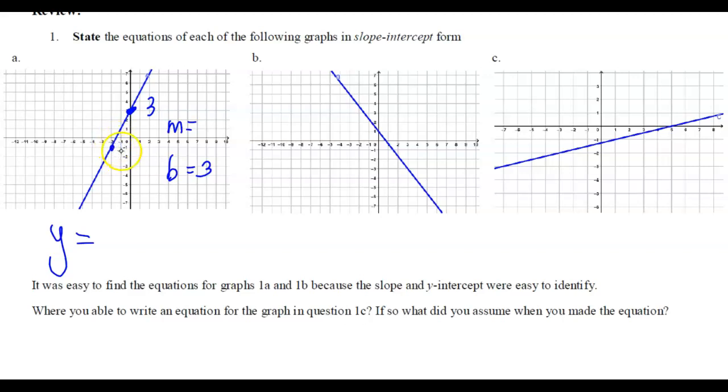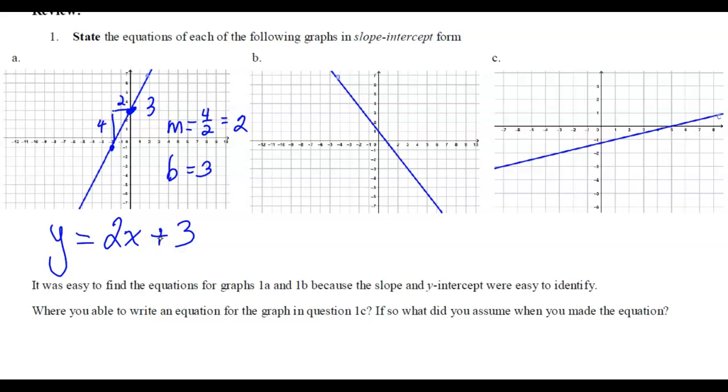That's at negative 3, negative 1. So to form your triangle, you're going up 1, 2, 3, 4, to the right 2, which simplifies to 2. You could have done a different triangle, a larger one or a smaller one, but you should still get a slope of 2, so that's 2x plus 3.